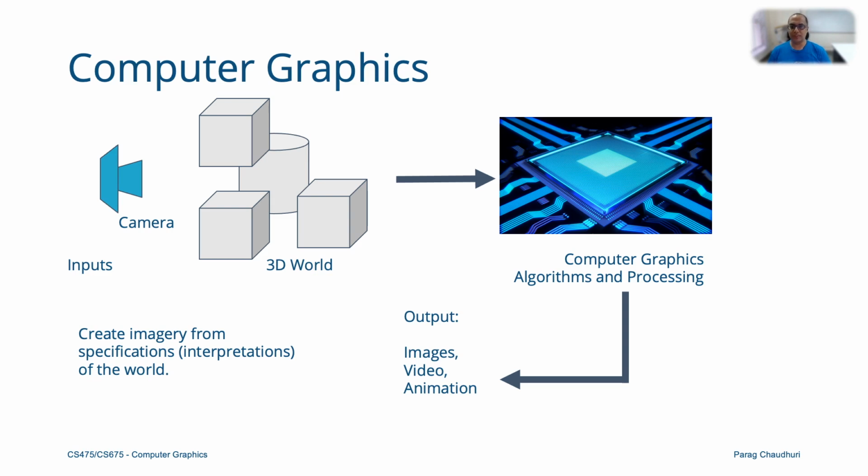So this is the path that computer graphics follows. It takes a specification of a 3D world and it generates 2D images or 2D videos of that world, which are views of that world from particular locations using cameras that we set up.